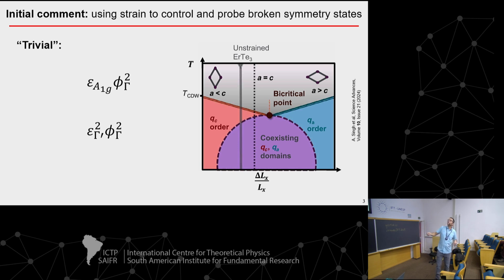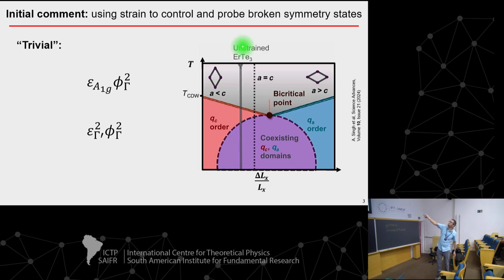And there's always going to be a trivial coupling, where strain, which doesn't break a symmetry of the Hamiltonian, and I tend to live in tetragonal materials a lot, so it'll be an A1g representation, will always couple to the square of the order parameter, which belongs to some irreducible representation of the point group, call it gamma. There'll always be a trivial coupling like this, or of course biquadratic couplings between strains of any symmetry and the order parameter. But all this is going to do is renormalize or change the critical temperature.